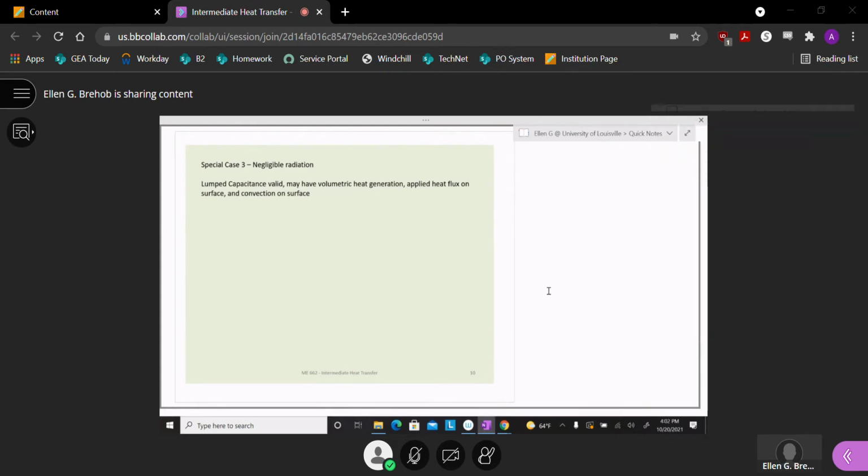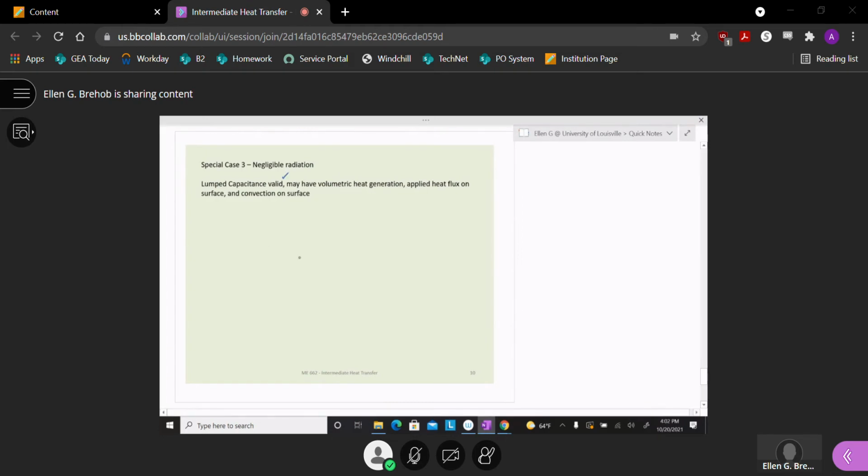Special case 3, and this is a general situation. So lumped capacitance has to be valid. We may have volumetric heat generation, may have heat flux applied on the surface, and we have convection on the surface. The thing that we can't handle in this fairly general case is that we have to ignore radiation.